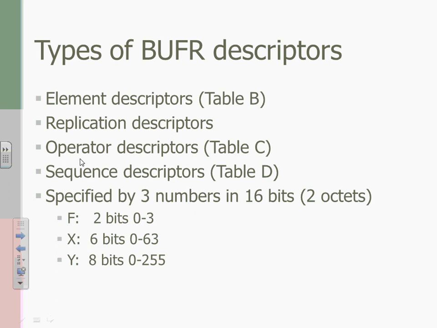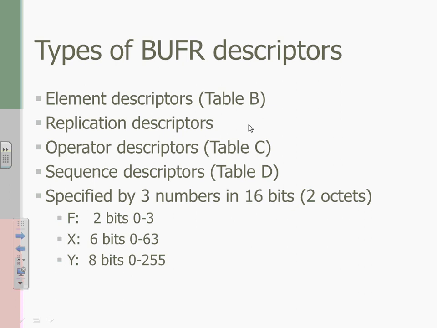Another one is operator descriptors, defined in table C. And sequence descriptors, which are defined in table D. I think the first thing everyone needs to understand is what an element descriptor and a sequence descriptor are. Probably from these two, you would understand most of the buffer template.